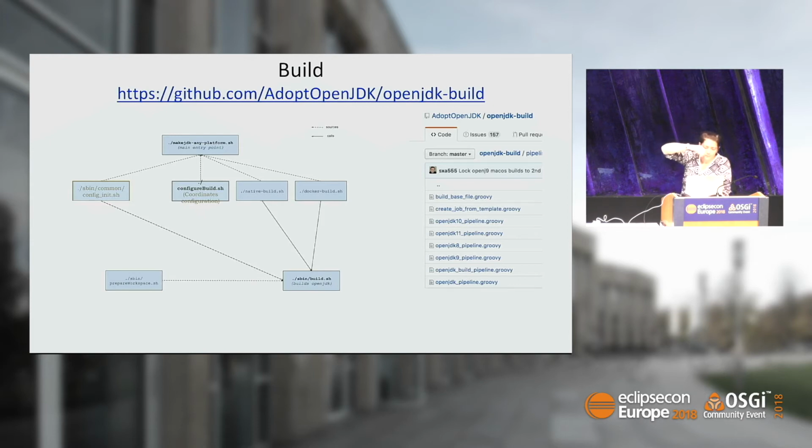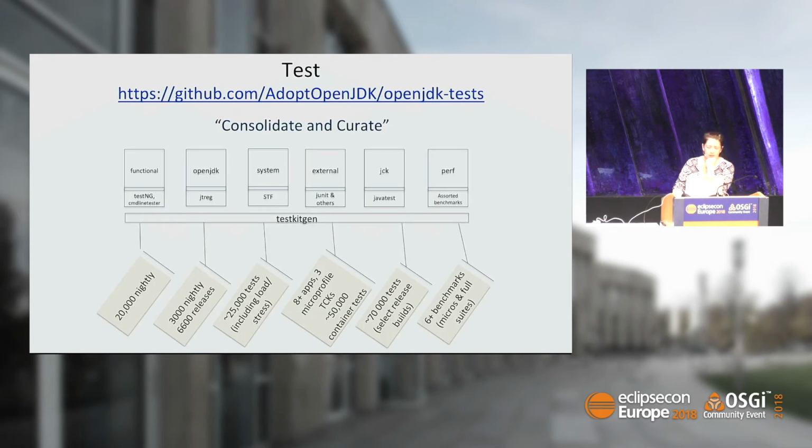It calls a native build phase, and in the cases for Docker, there's actually a Docker script as well. And then it goes on to run the actual build script, and that gets sent to the right machine for building, and then it kicks off the test phase. I'll talk about the pipelines later, we'll actually step through it.